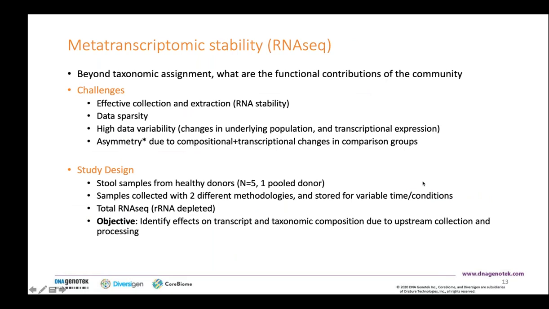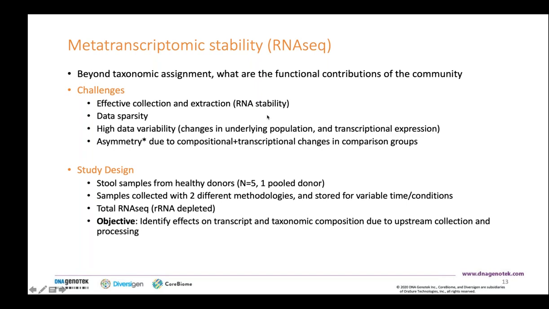I'm going to jump now to a more complex data type using metatranscriptomics. So broadly, beyond taxonomic assignment, metatranscriptomics tries to address what the functional contributions are of the community. The challenges here in the data types are extensive. All the way from collection, RNA is not very stable.